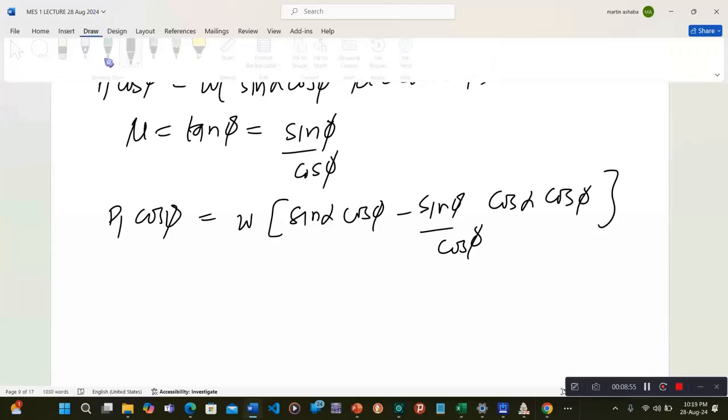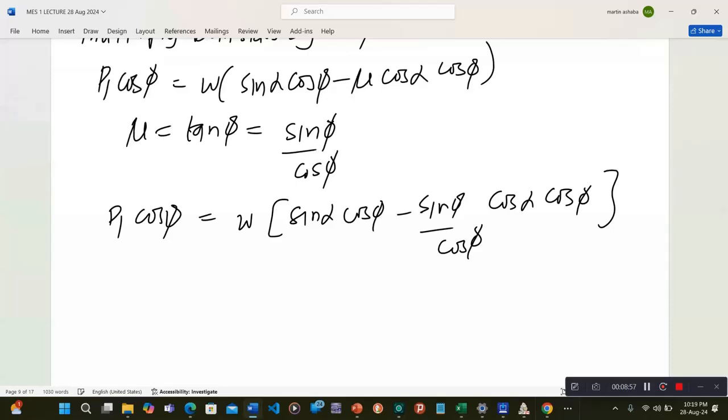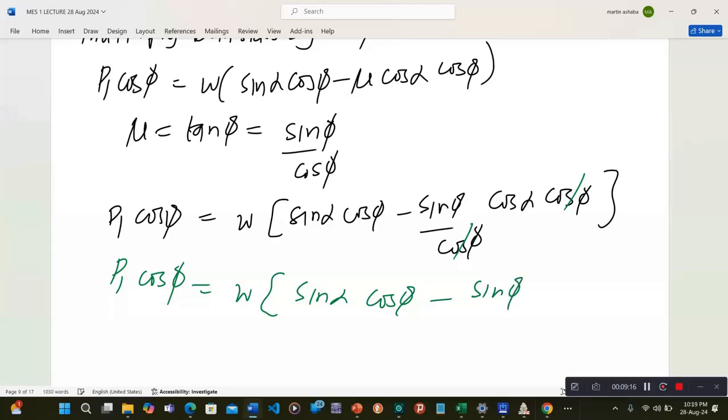I can cancel out this cos phi with this cos phi, so that I remain with P1 cos phi equal to W into sine alpha cos phi minus sine phi cos alpha.